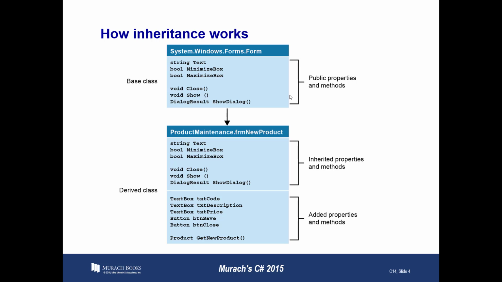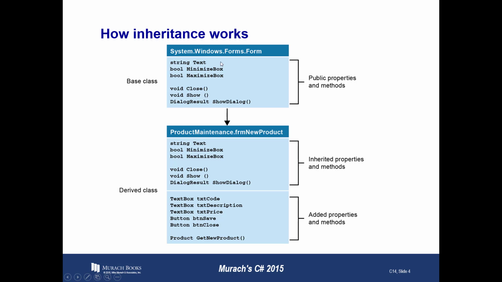So, if you look at this picture here, I believe at least what the author is trying to show is that if I create a product maintenance class that has a form in it, new product, and that form inherits from, meaning it'll be a colon there, form, that means it gets all this stuff for free.